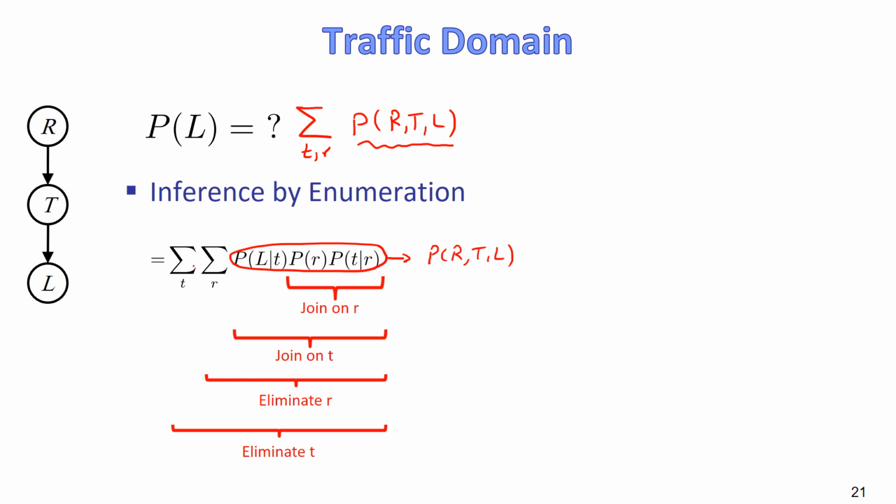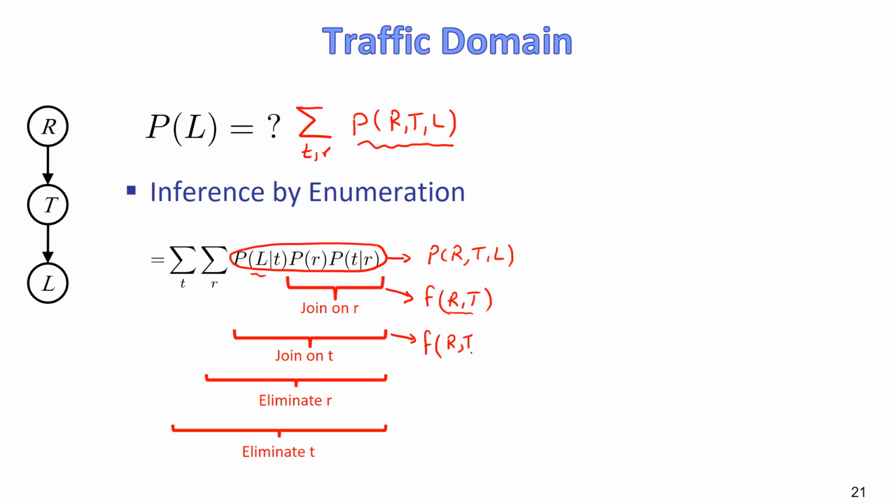So what we will do in inference by enumeration using factors is that we will join on R. Remember, the idea is to join on all hidden variables. What are the hidden variables here? R and T. So we'll join on R. This step will give us a factor on R and T, because we join on R here. And then we join on T. So we join this with this. This will give us a factor of R, T from here and L from here.